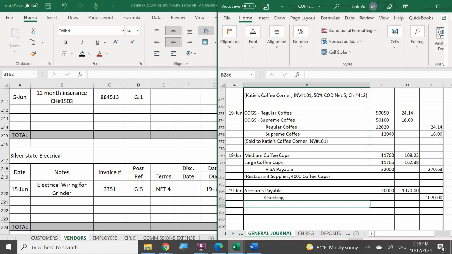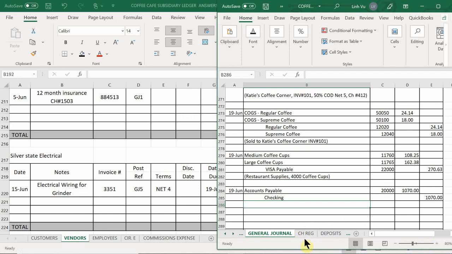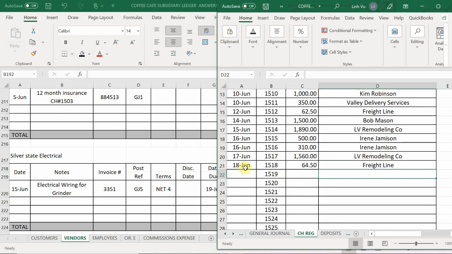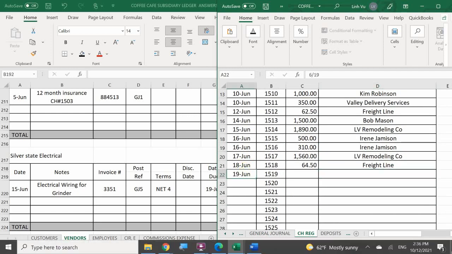So we have to go to the register to see which number. It is 1519, the number of the check. Okay, 1519 for 1070 to Silver State Electrical. Good.